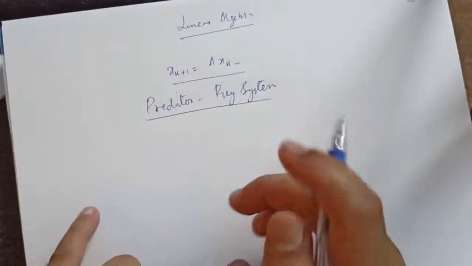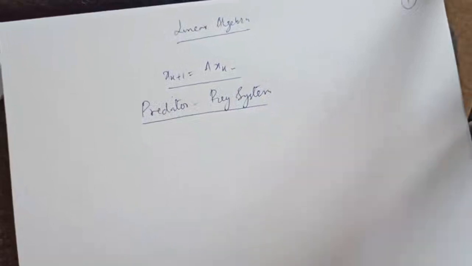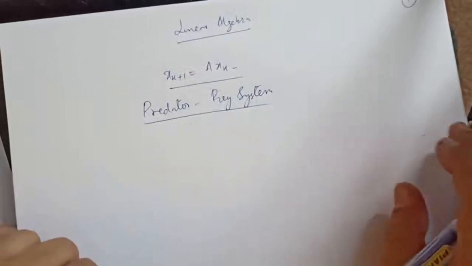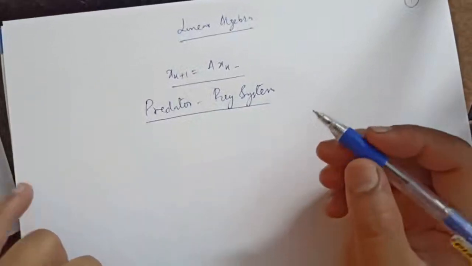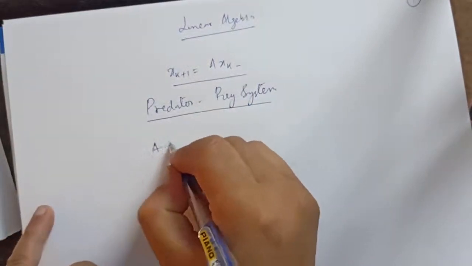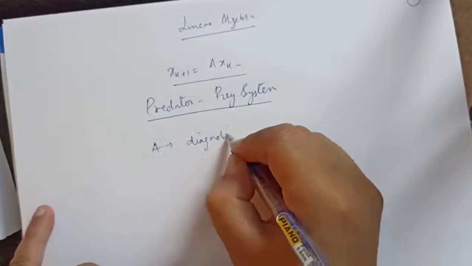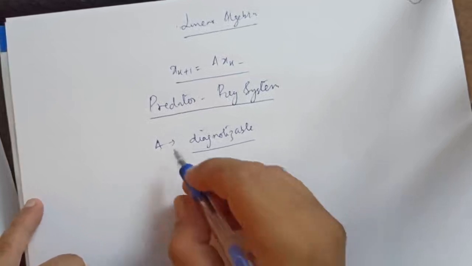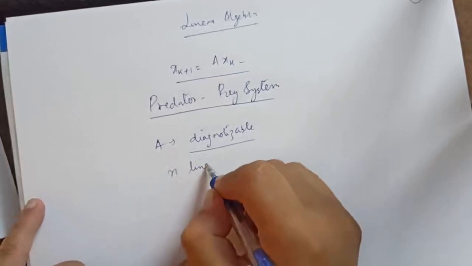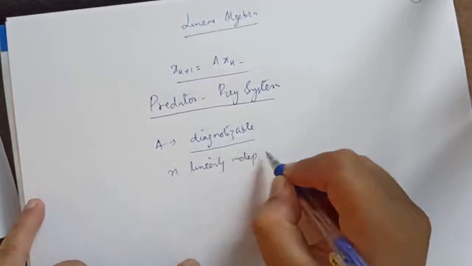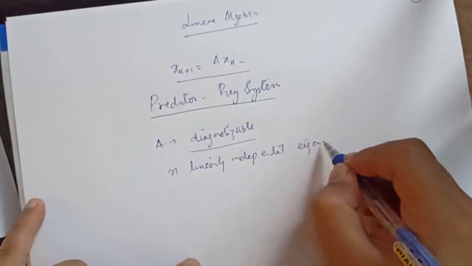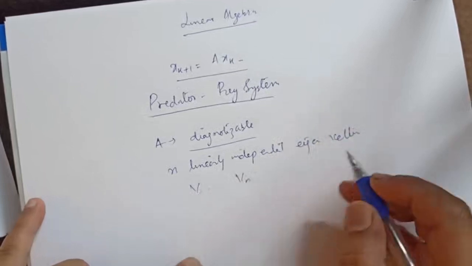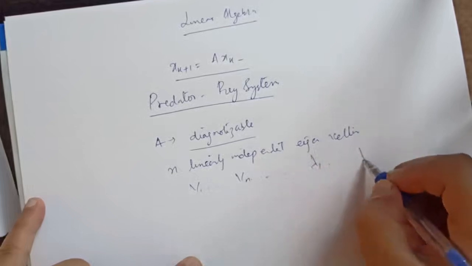But before we go to the example of the predator-prey system, first we need to consider that A is diagonalizable, and we have studied the procedure of how diagonalization can be achieved for this matrix. We have n linearly independent eigenvectors v1 up to vn with the corresponding eigenvalues lambda 1 to lambda n.